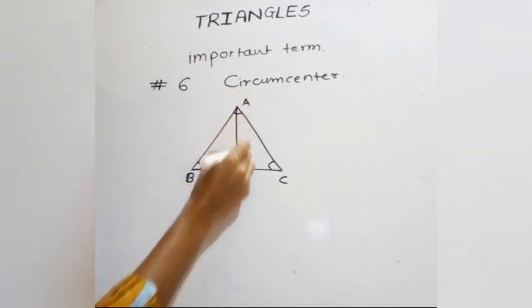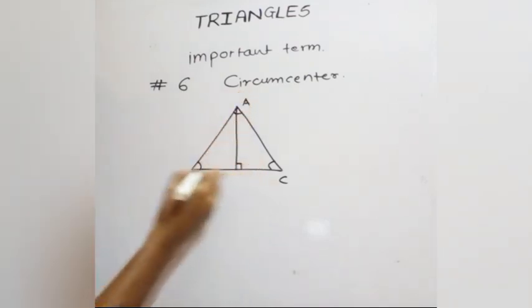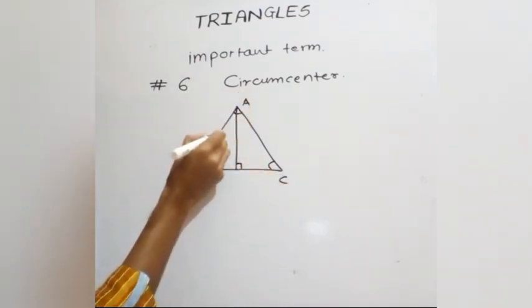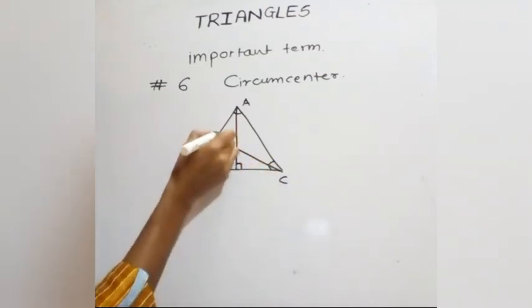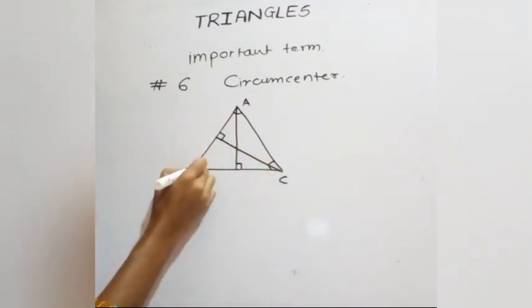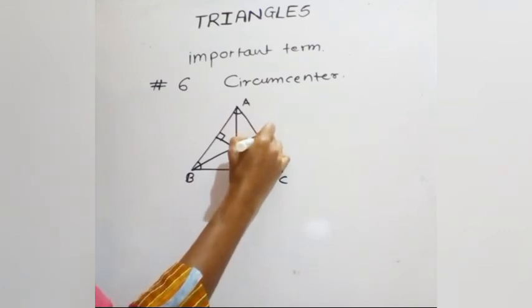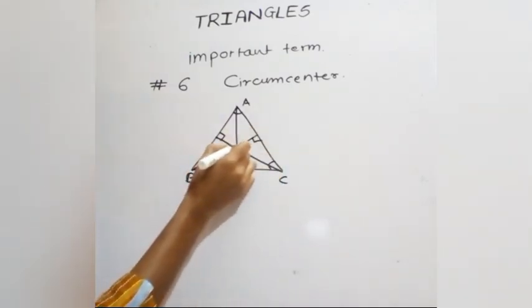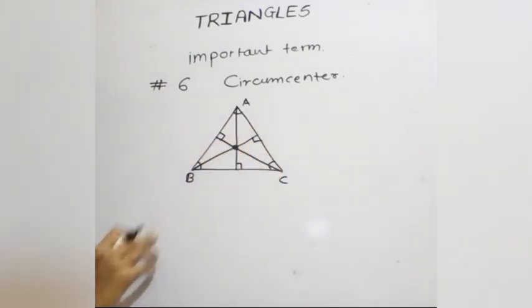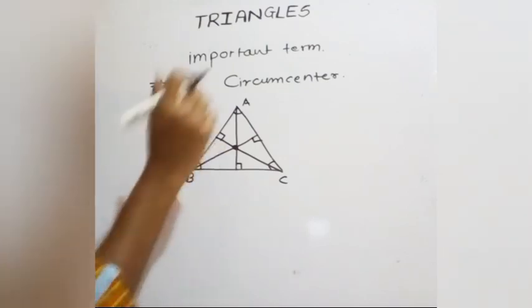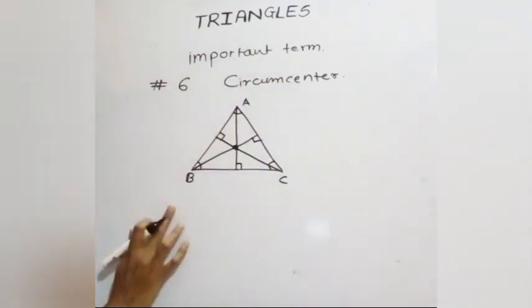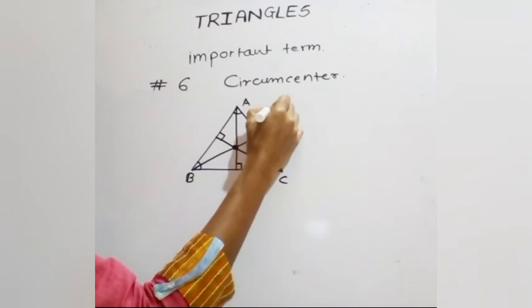So the perpendicular bisector of side BC, the perpendicular bisector of side AB, and the perpendicular bisector of side AC. Okay, so this is the intersecting point. The intersecting point of the perpendicular bisectors is called the circumcenter.